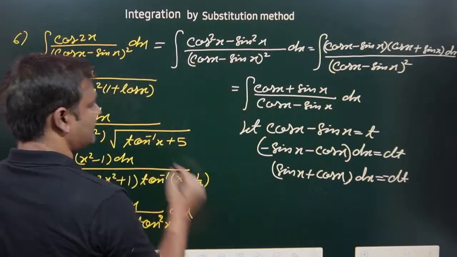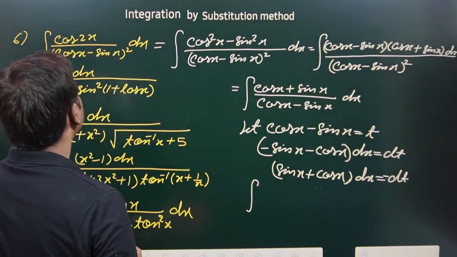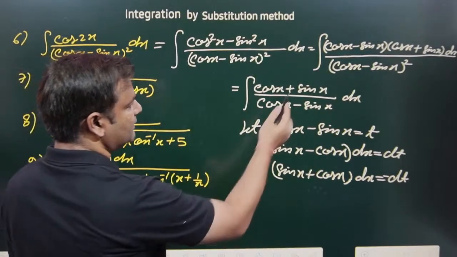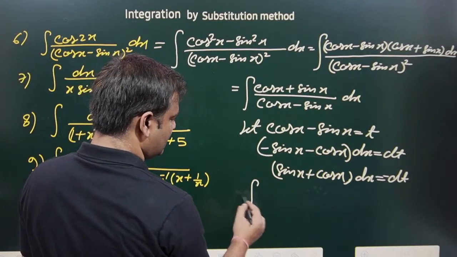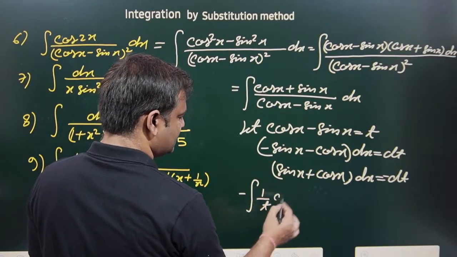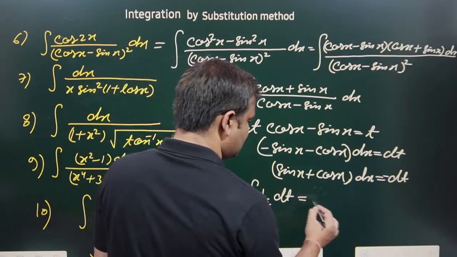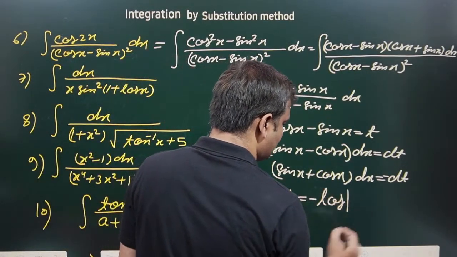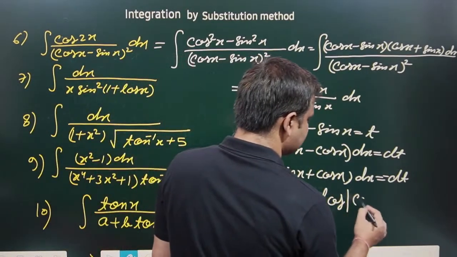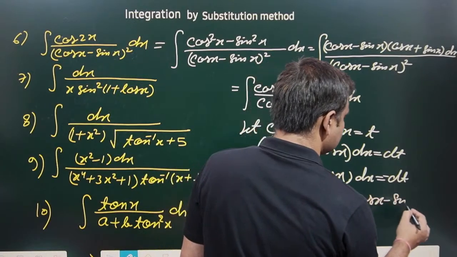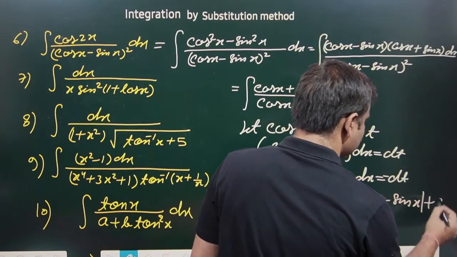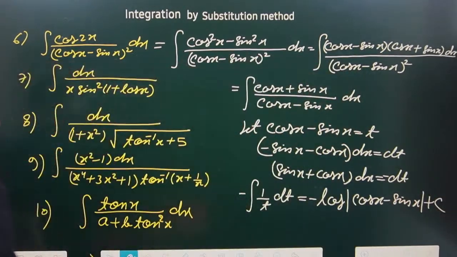Now that value put here, then we get how much? 1 by minus integration of 1 by t dt. So what about that value? Minus log of modulus of cos x minus sin x plus c is the right answer. Make it. Okay.